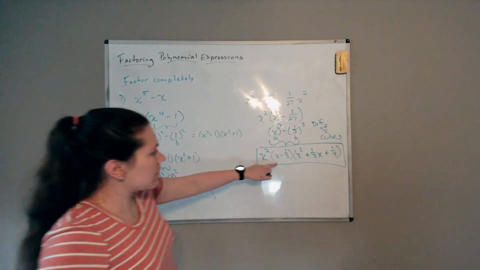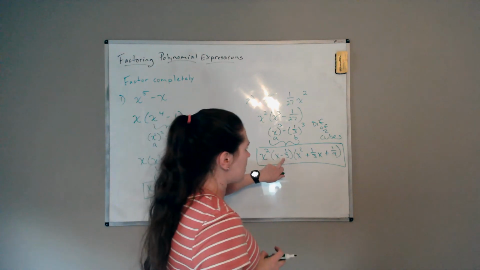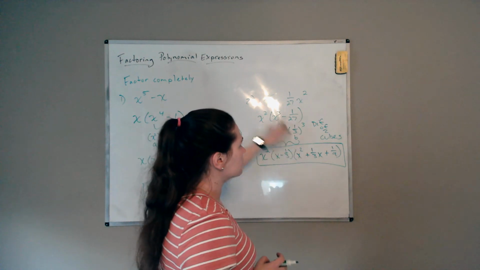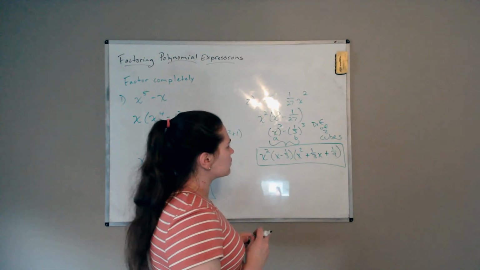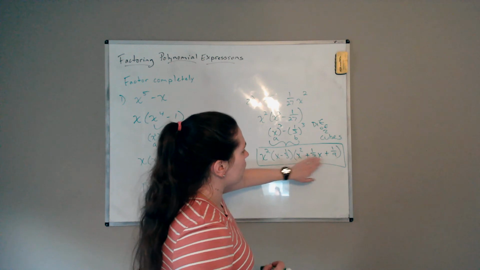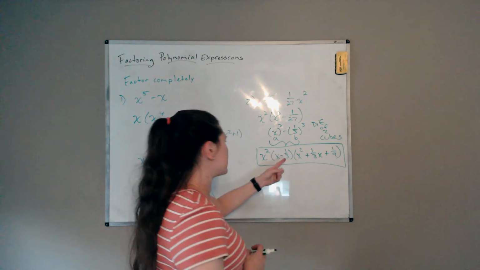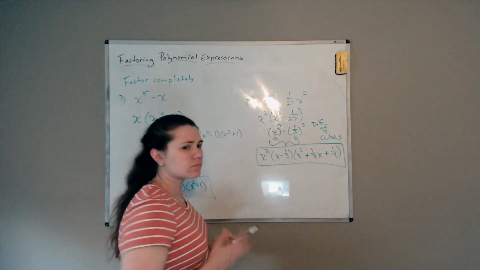So remember, now check. This is prime, and this is prime. If you took out the greatest common factor, these are going to be prime. I can't think of 2 numbers that multiply together to give me 1/9 and add to 1/3.